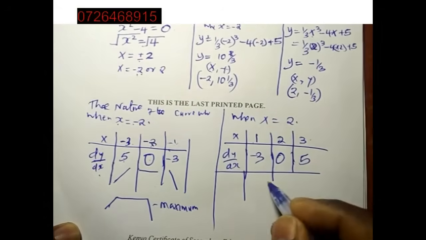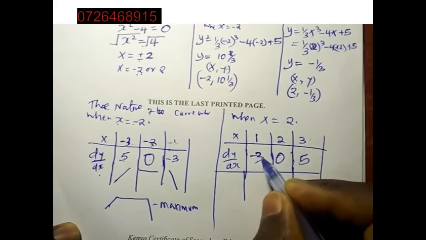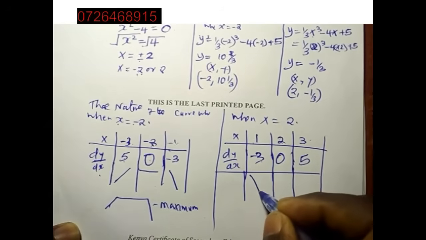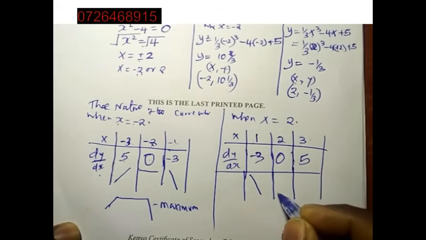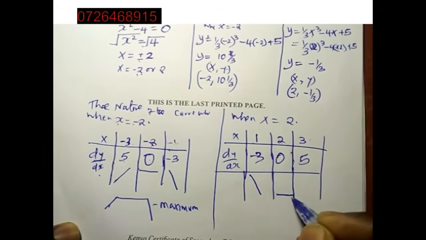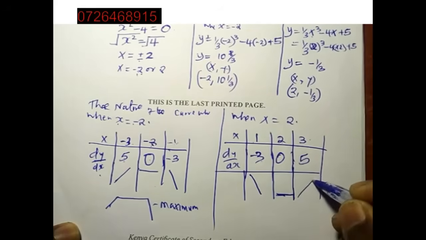Okay? So we want to check again, is it maximum or minimum? So a negative number, we go down. Okay? Negative, we go down. When we go down we reach 0. 0 is flat, it is horizontal. Then 5, a positive number, we go up. We go up like this.